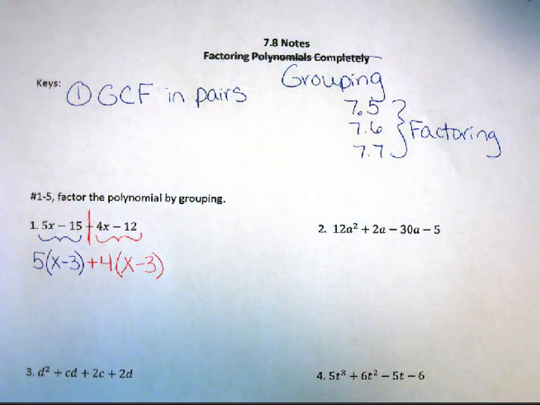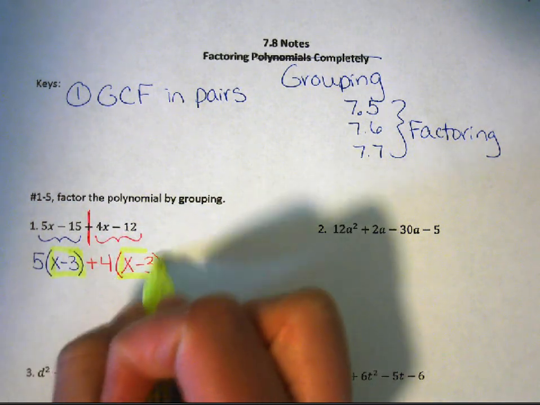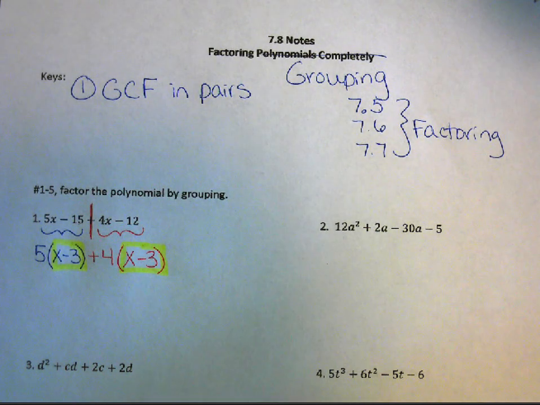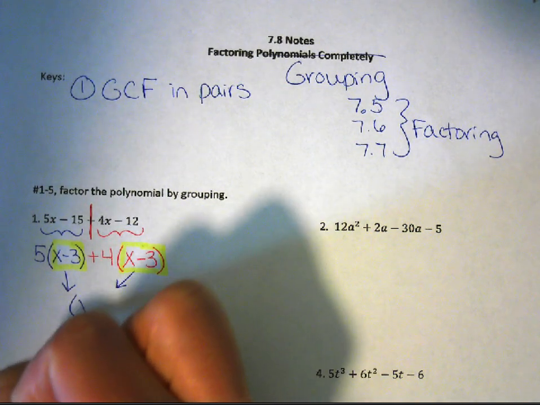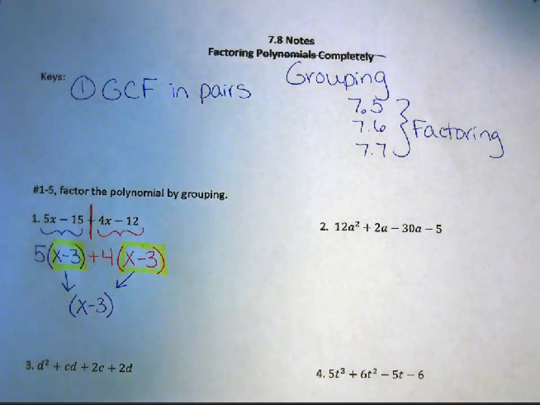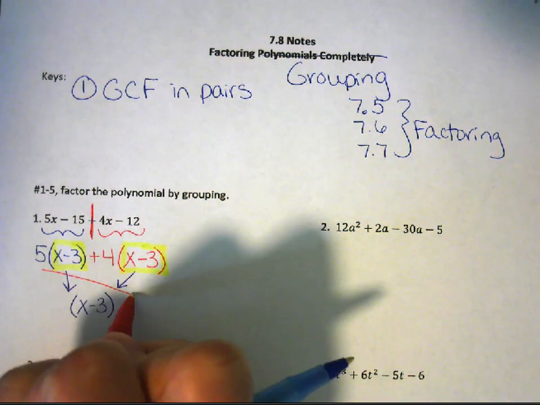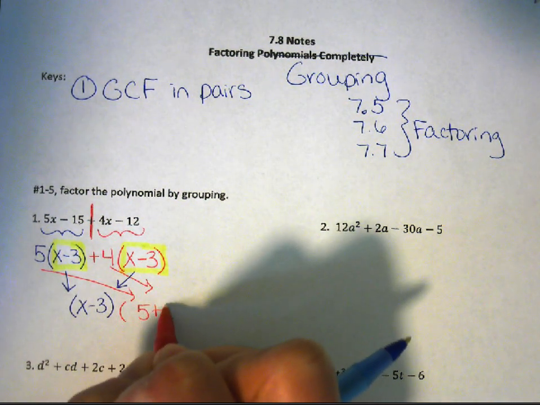Now, here is the key. Do you notice that the parenthesis pieces are exactly the same? That is called grouping. So what you do is you put the parenthesis piece together, and then you jot down what you're left with. What you're left with goes in the other parentheses, 5 plus 4.